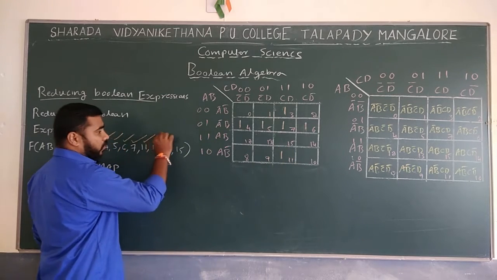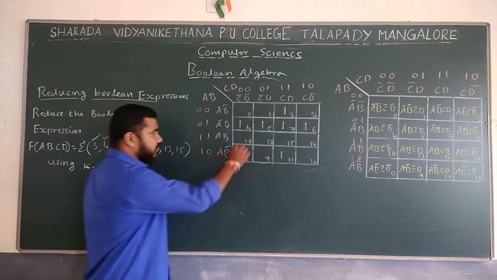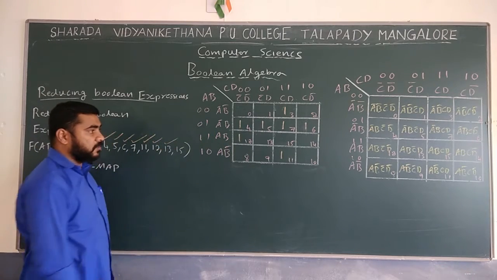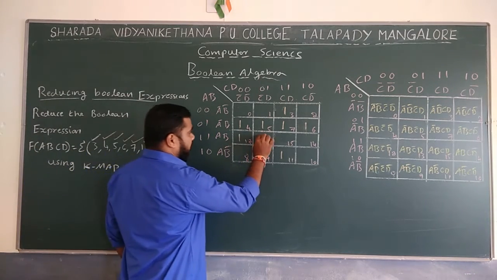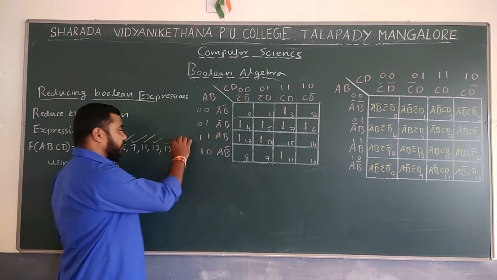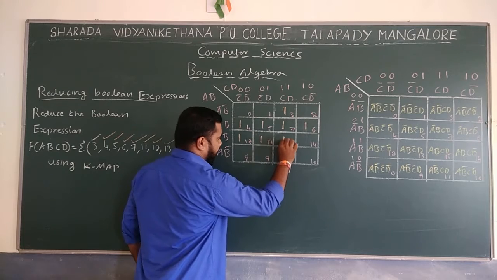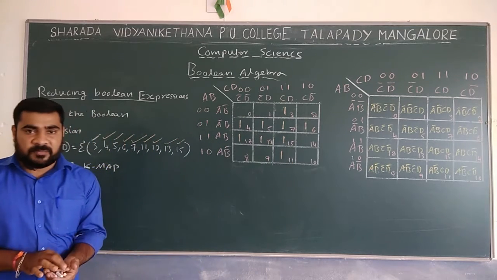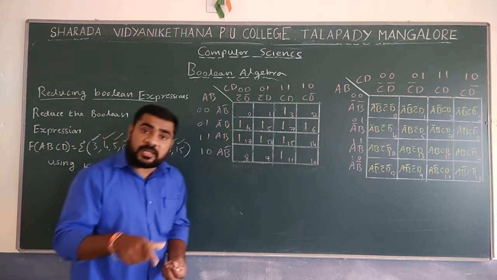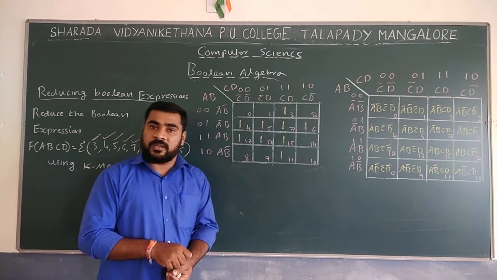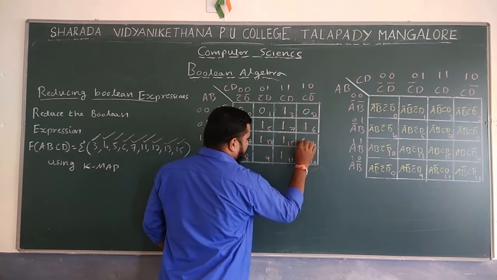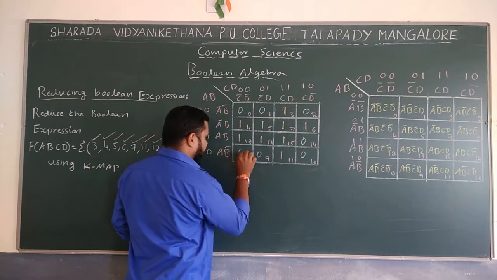Then go to cell number 12, then cell number 13, and the next one given is 15. Go to cell number 15 and mark it as 1. So all the given terms are marked as 1. The remaining terms we should mark as 0.